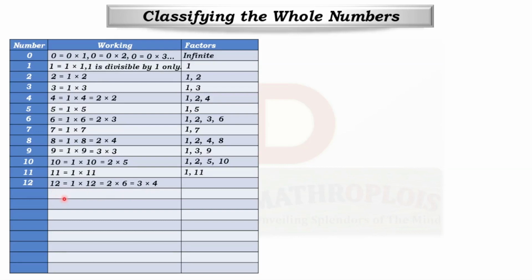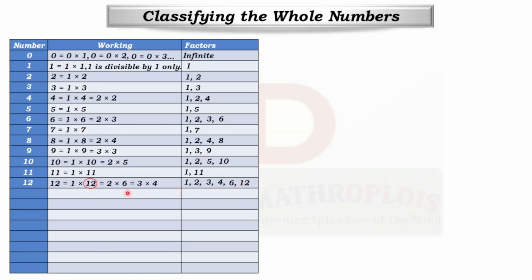In this case, first factor is 1, second factor is 2, third factor is 3, fourth factor is 4, fifth factor is 6, sixth factor is 12 itself. It means 12 has 6 factors. So 12 has more than 2 factors.